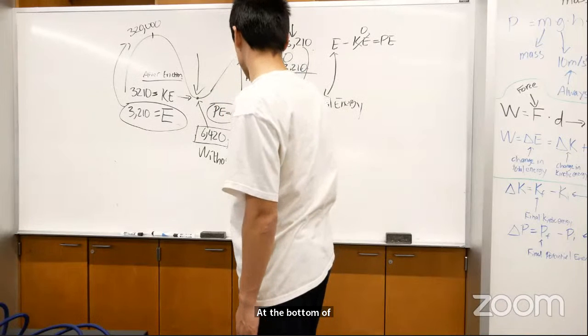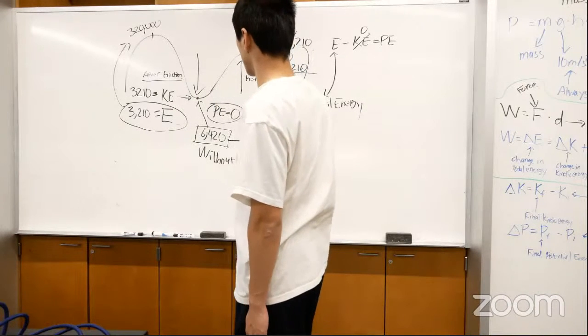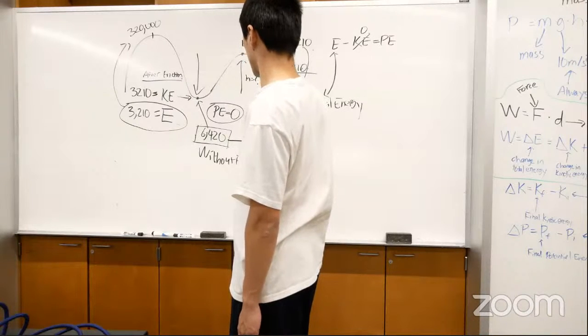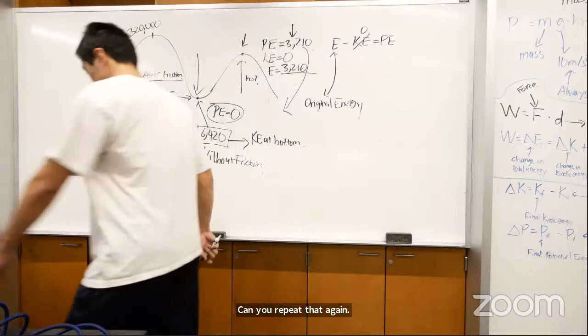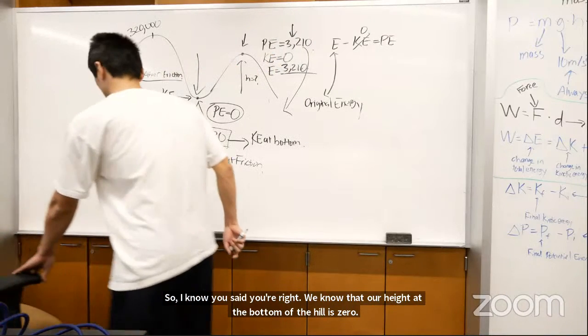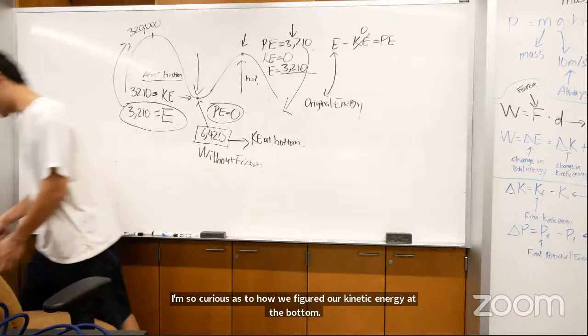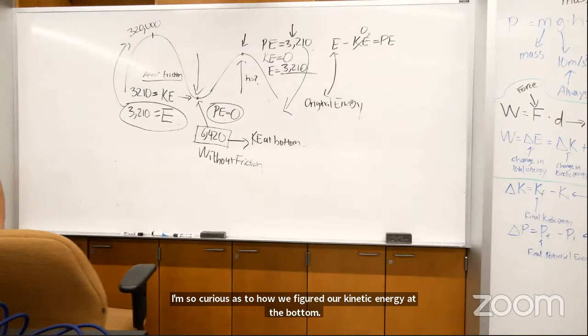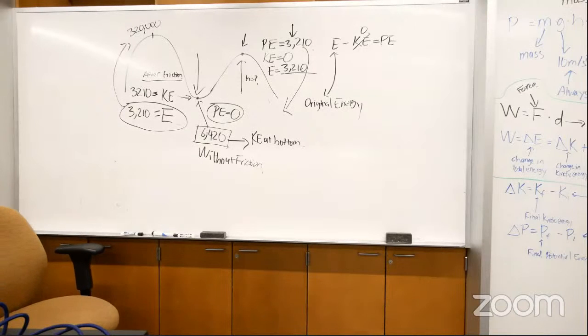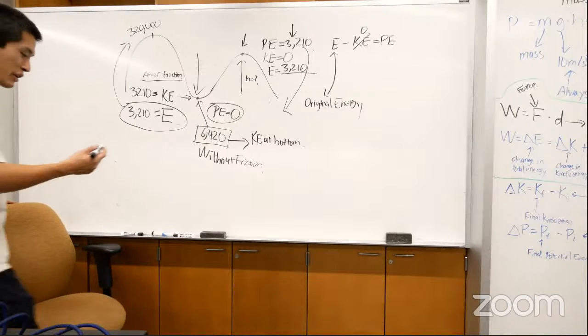I'm still curious as to how we figured out our kinetic energy at the bottom. We got that number from having to find the kinetic energy, right? Okay, so how did you figure out your kinetic energy?